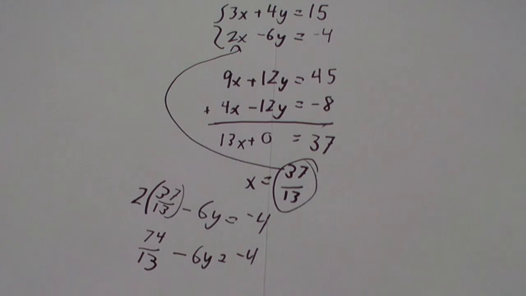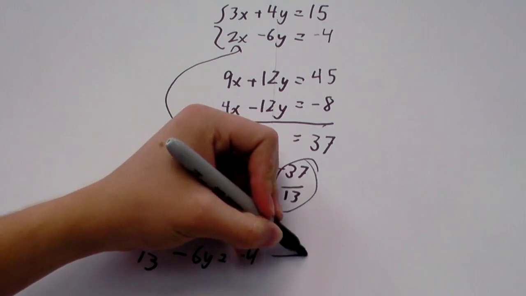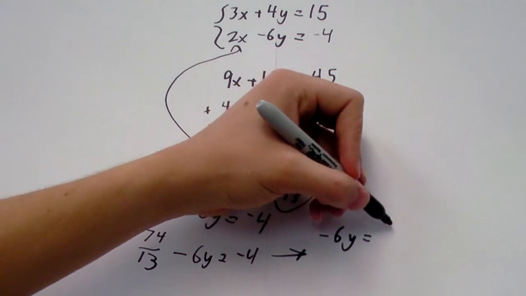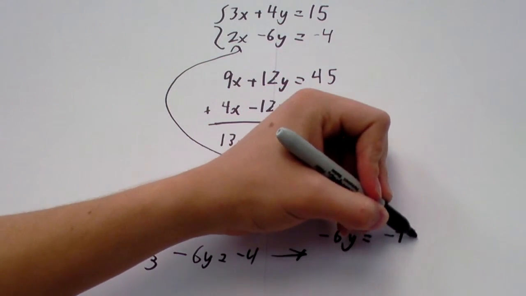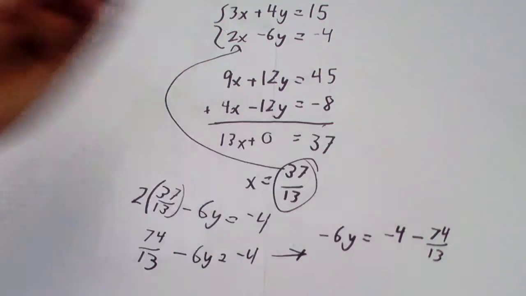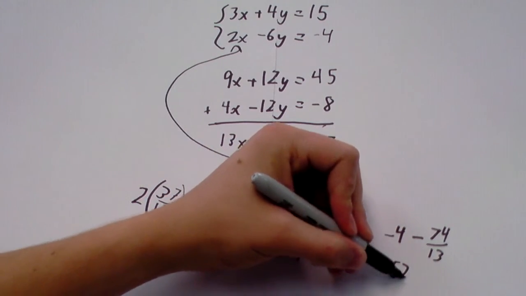I'm going to add 74 over 13 to both sides. And let's see, that'll give me negative 6y is equal to negative 4 minus 74 over 13. And negative 4 can be written as negative 52 over 13.